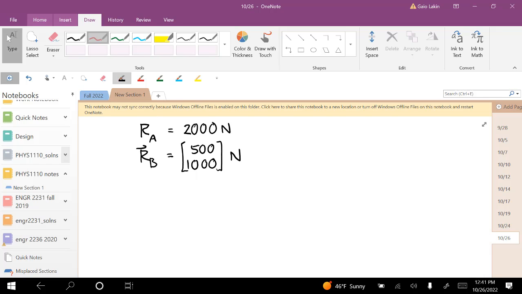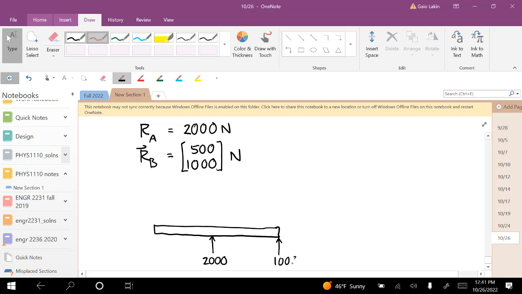Okay, so this is a step that you can feel free to skip as you get comfortable with this stuff. But now I'm going to draw the complete free body diagram before we go on. So we have an upward force of 2,000. Over at the right end, we have an upward force of 1,000 and a force to the right of 500. We have the 500 to the left over on the other side.